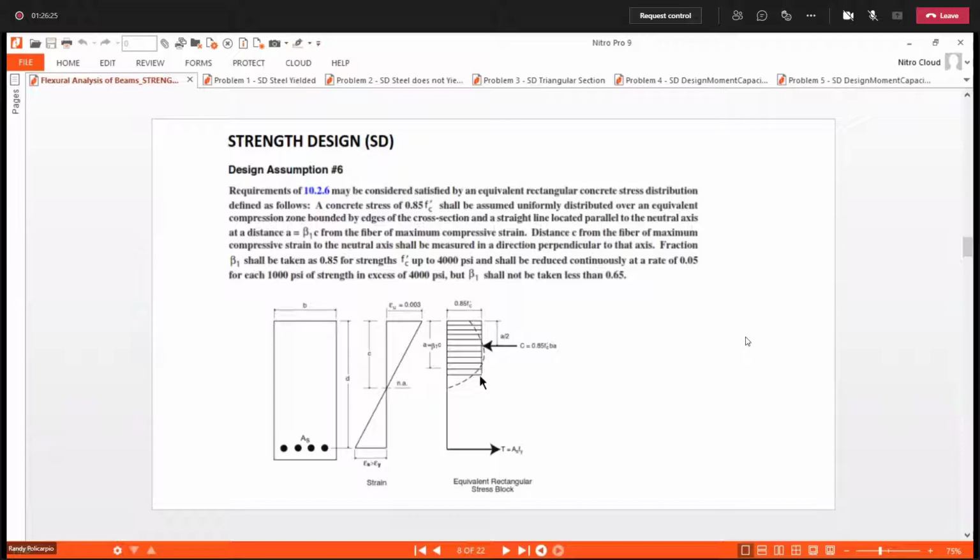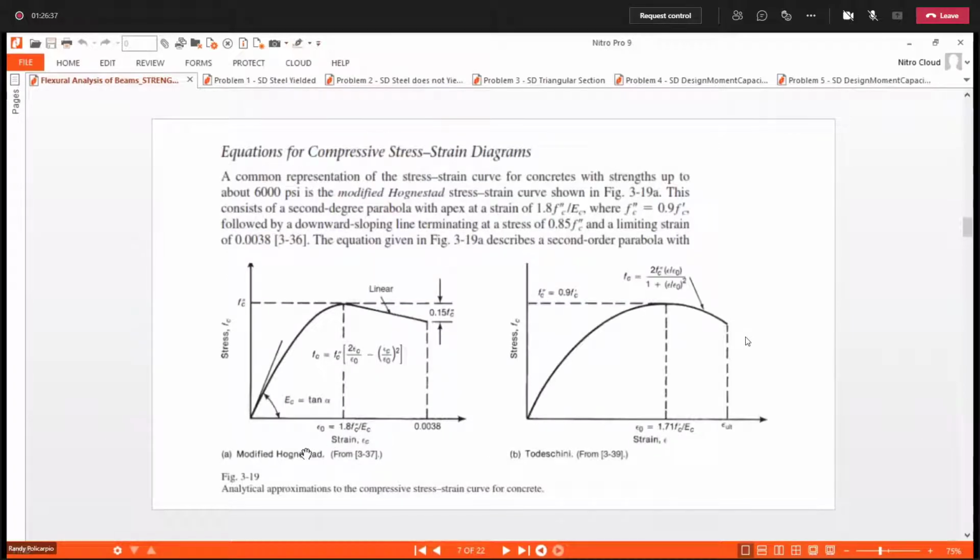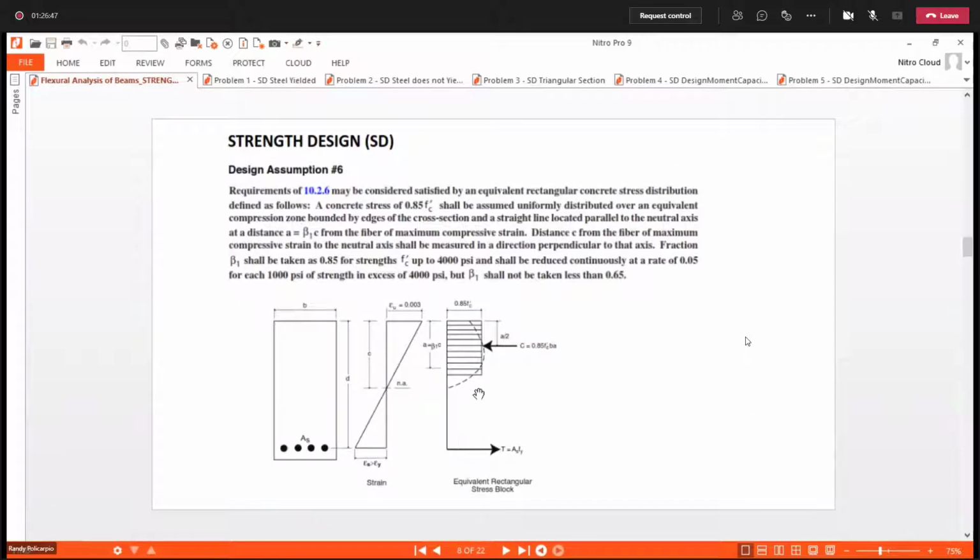So ang ginawa niya ngayon, meron siyang isa pang adjustment. Aside from the maximum stress, which is 0.85 F prime C, yung kina Hognestad at saka kay Todeschini 0.9 eh. 0.9 yung maximum nila, no? Kaya lang parabolic nga lang yung kanila, no? Eh siya ang ginawa niya rectangular.